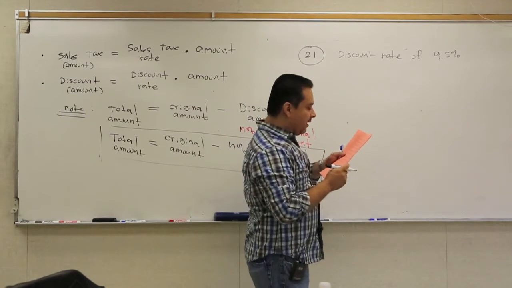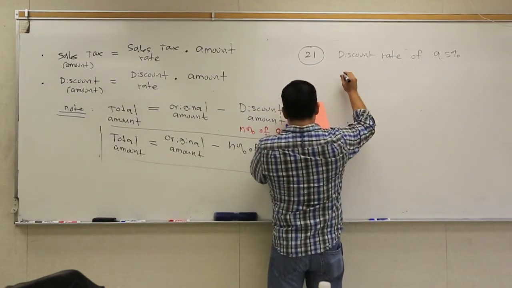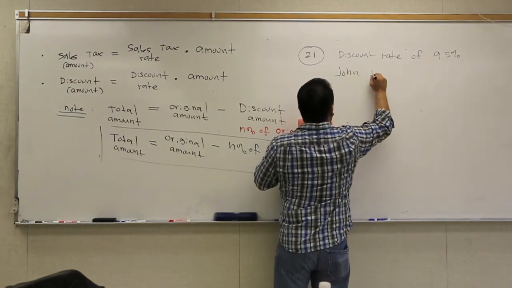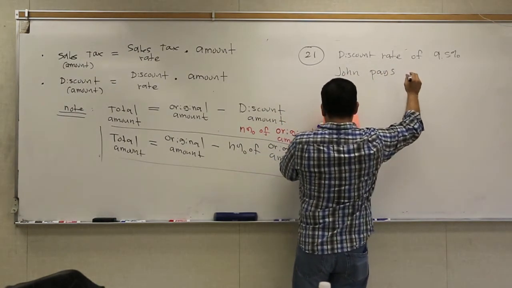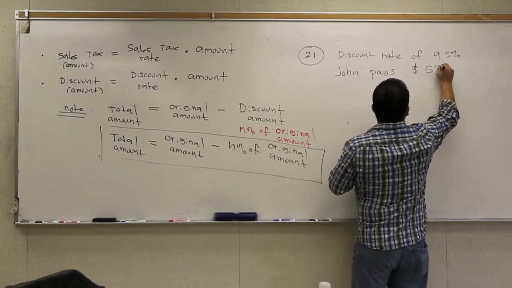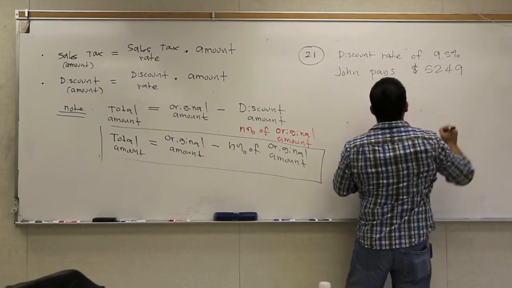So after receiving it, what does John pay? He pays $5,249.